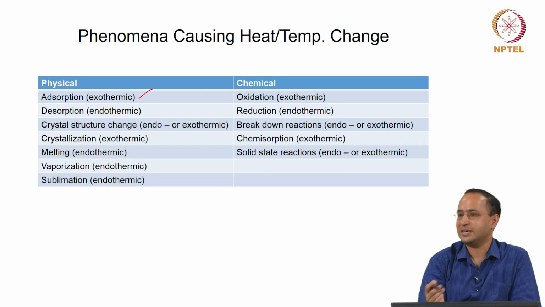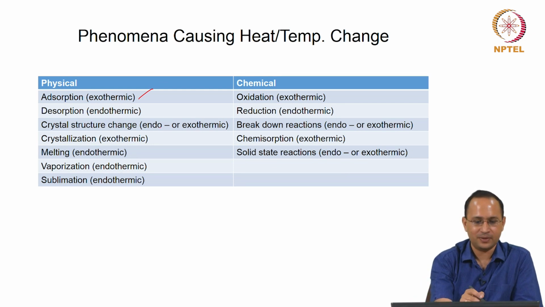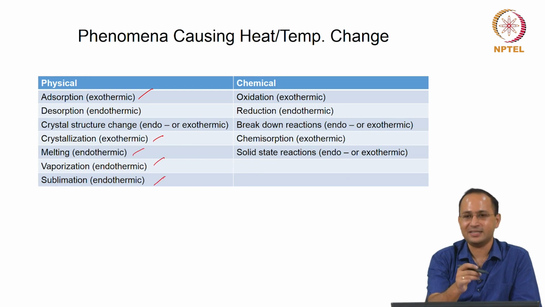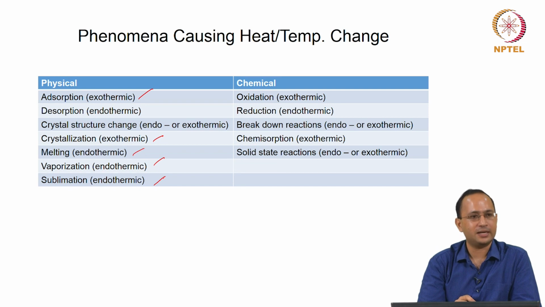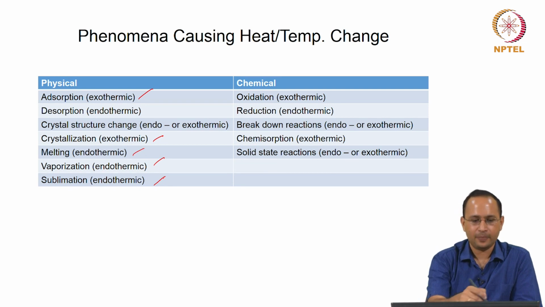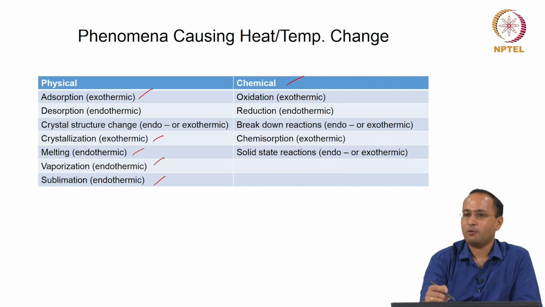Crystal structure change, typical crystallization, melting, vaporization, sublimation, these are examples of physical processes, right. Similarly, you may have oxidation, what we typically see when you expose materials to an oxygen-rich environment, you will have oxidation.